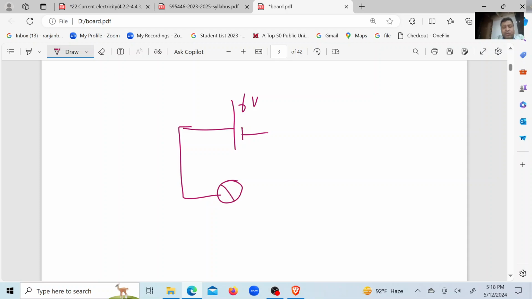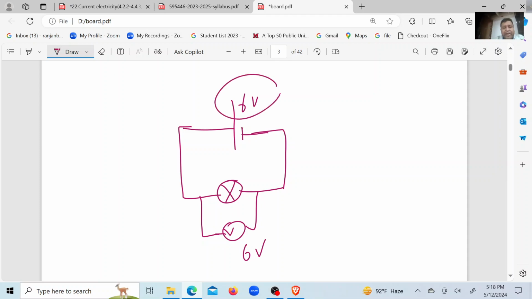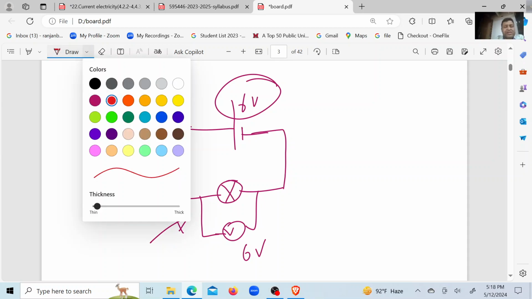It provides voltage or PD to the devices. If you connect a single device, all this voltage, 6 volt, will be given to that single device. It is the supplier and it is the user; the amount that is supplied will be totally used by it.